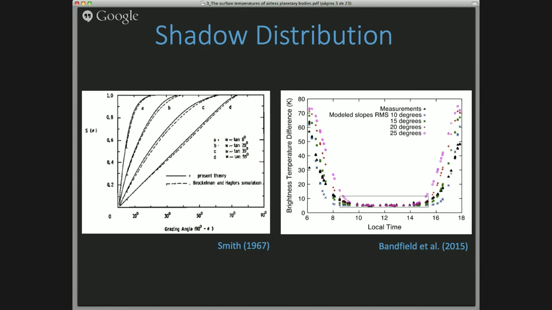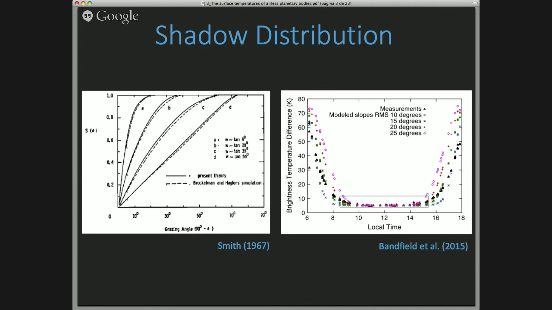But as you can see, during sunrise and sunset, the model doesn't match the actual statistical properties of the roughness of the surface, and that's due to reasons I'll explain in a minute.